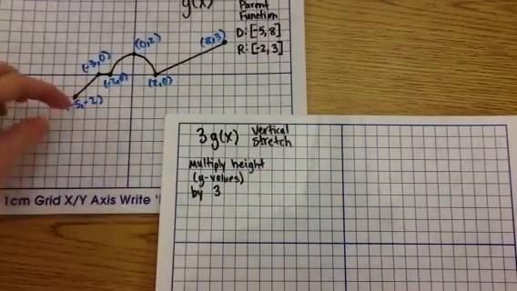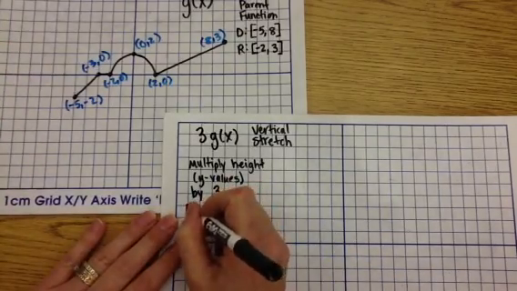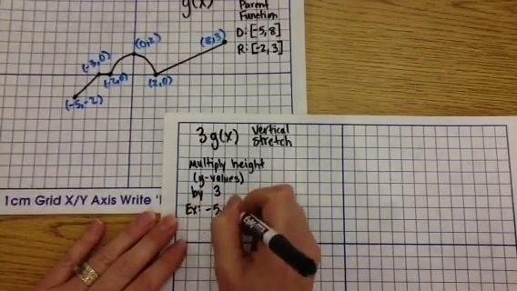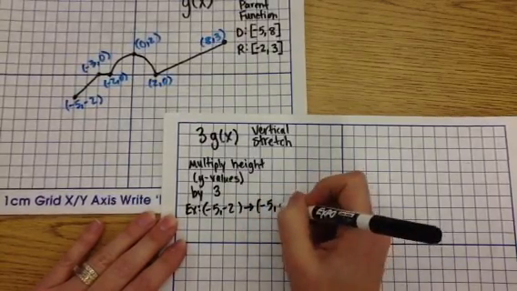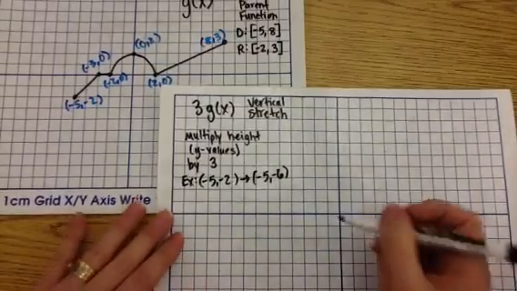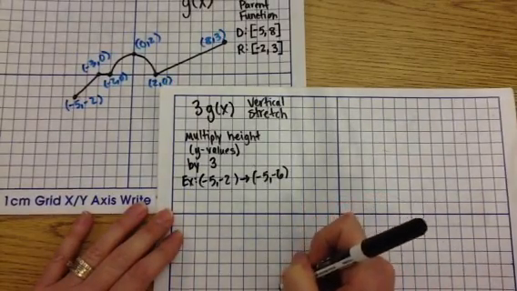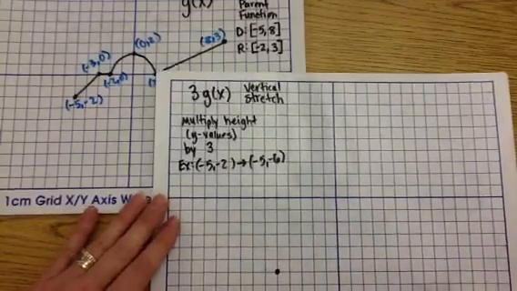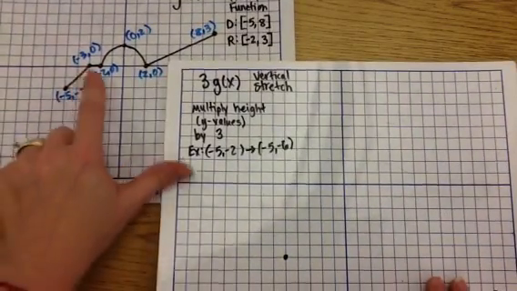So each of my ordered pairs, (-5, -2), is going to be (-5, -2 times 3), which is -6. So my first ordered pair is (-5, -6). Then my next ordered pair will be (-3, 0).